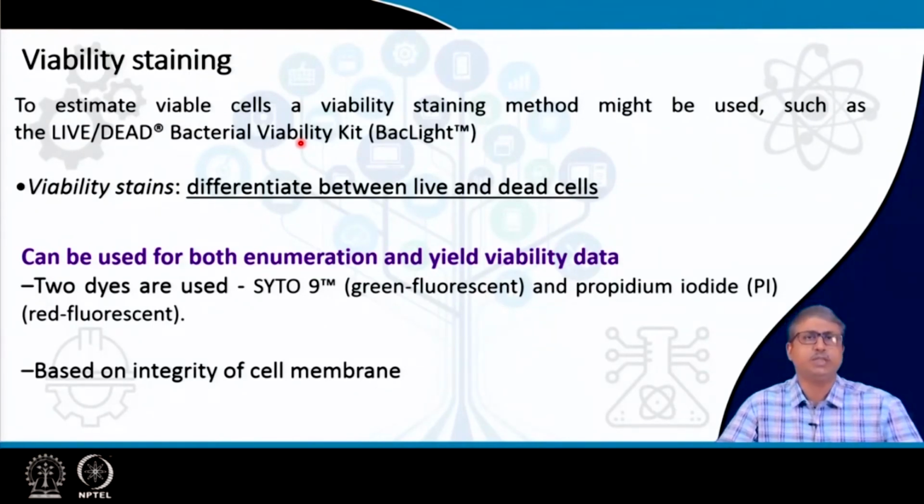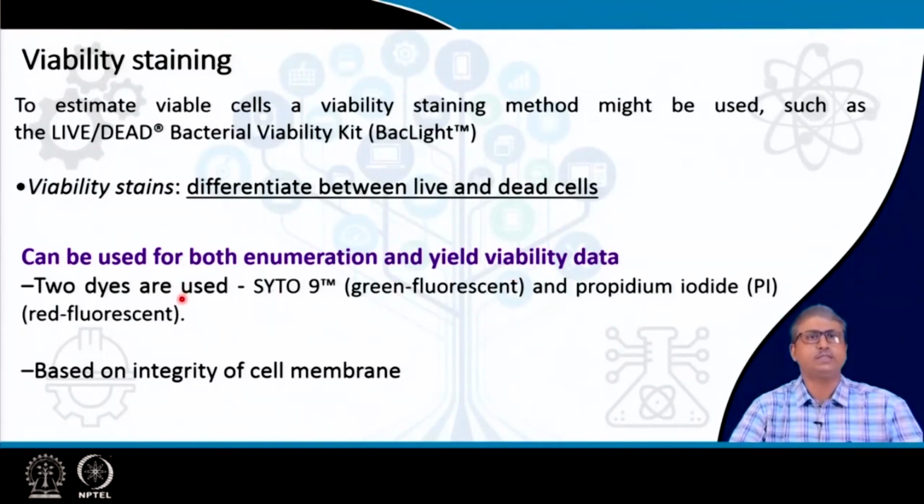But in case of viability testing or viability determination, we use a combination of two dyes. This combination of two dyes allows us to differentiate between live cells and dead cells, and can be used both for enumeration and to yield viability data, because together we can have a count of how many cells are there, no matter whether they are dead or alive, but at the same time we will be able to say how many cells are actually living in that sample.